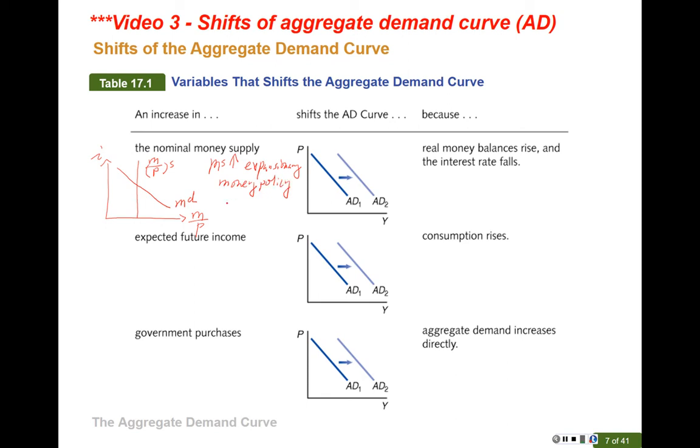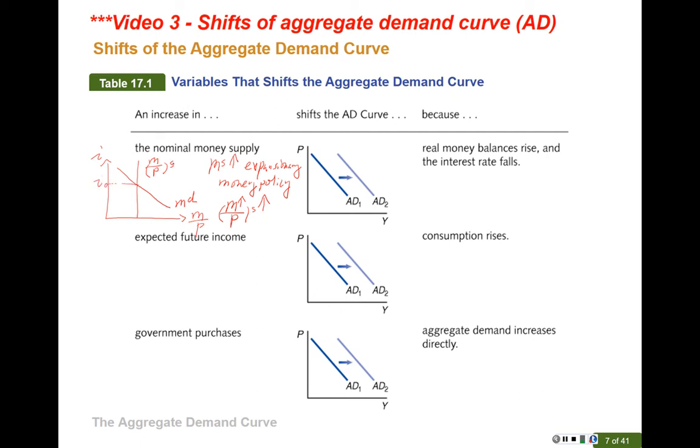And we can see on the supply of the money side, the nominal M increased. With the same level of the price level, the real money supply also increased. So what happened to the interest rate?